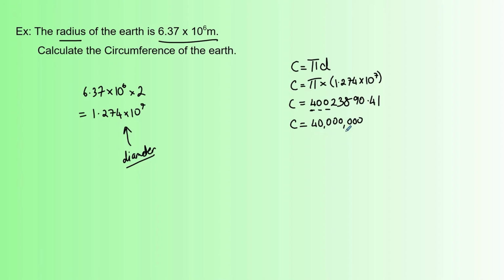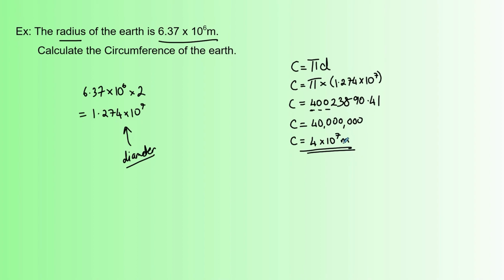It's closer to 40 million. At this stage we could write it back in scientific notation, so we could say that's 4.0 times 10 to the power, and we're going 1, 2, 3, 4, 5, 6, 7 places, and that is meters for a final unit.